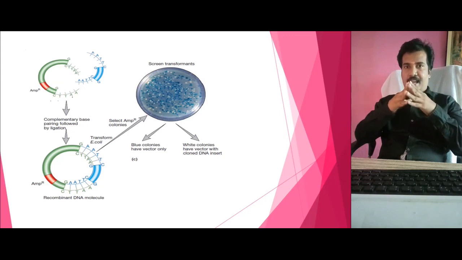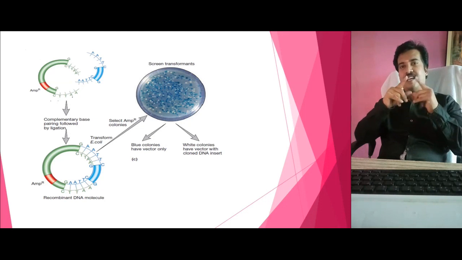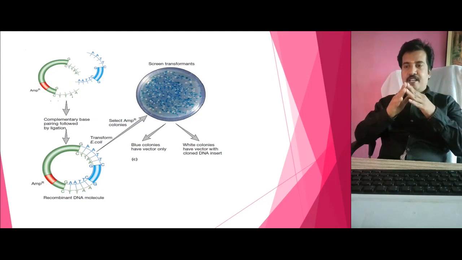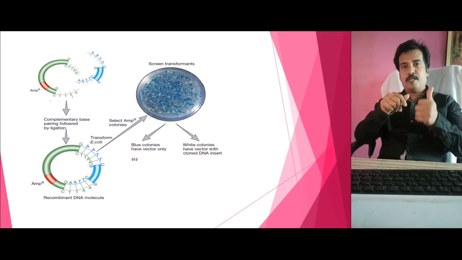If this LacZ gene is intact, it breaks down lactose, and if the medium contains X-gal, then it produces a blue colored colony. That means a vector which does not carry the foreign DNA will have the LacZ gene in the multiple cloning site intact, and in the presence of minimal medium along with ampicillin and X-gal, it produces blue colonies.